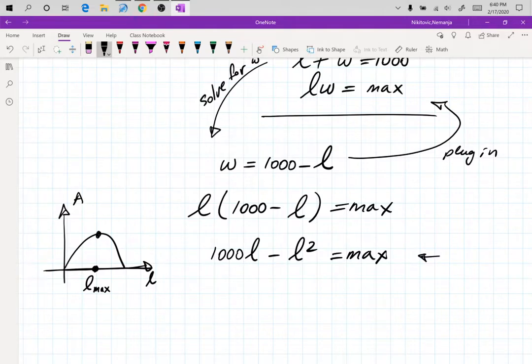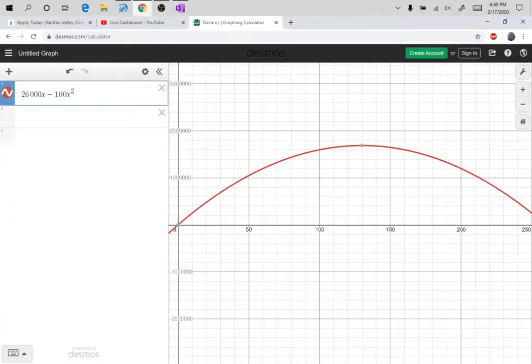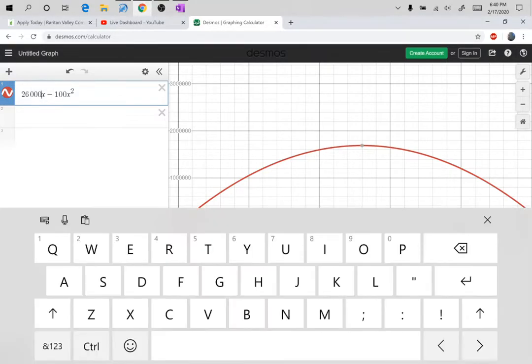By the way, this maximum is area. Maximum area, right? So this equation is all about the maximum in terms of L. So now you can go and graph this one. So we're just going to fix the previous problem. This is supposed to be 1000.